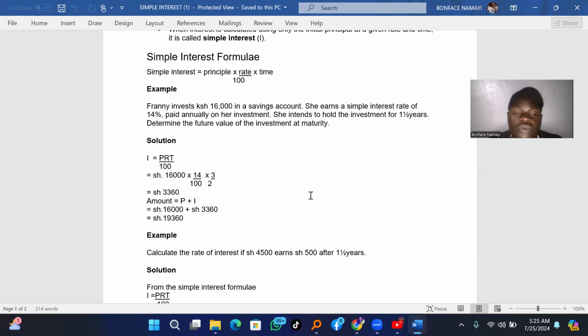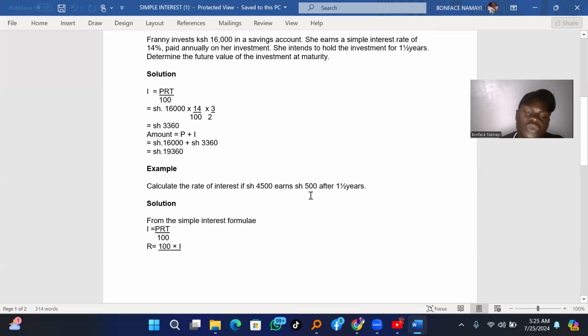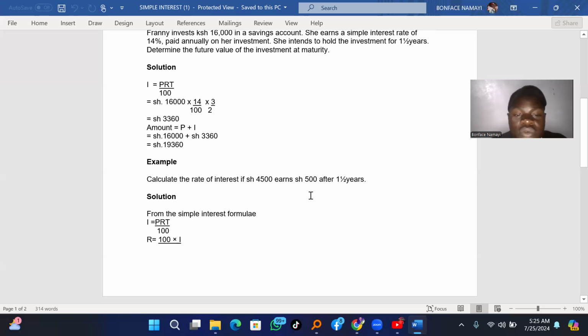Let me go to example 2. Example 2 says calculate the rate of interest if 4,500 earns 500 after 1.5 years.